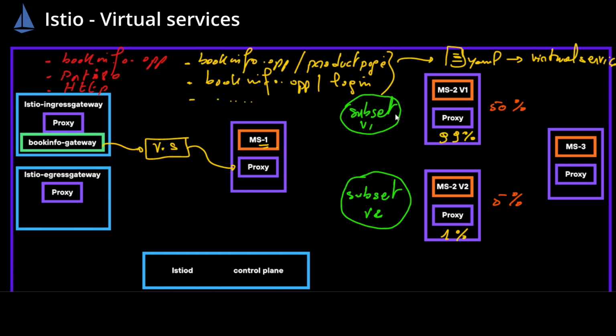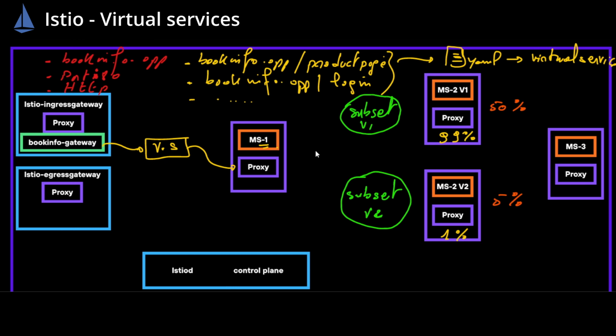For now, what we have to know is that a subset is just a way to group a set of pods together. Here, for either V1 or V2, we have only one instance of microservice 2. But let's say that we have 2 pods running version 1 of microservice 2. We can group them together using a subset.